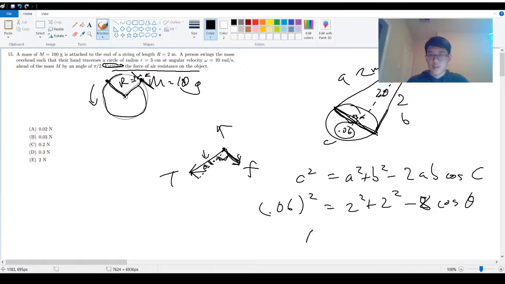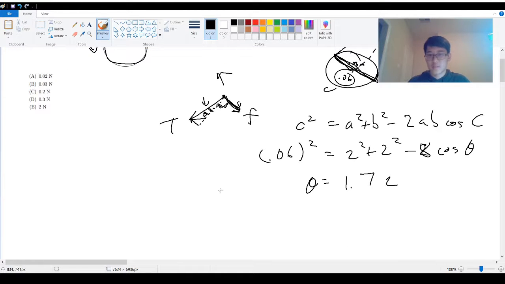So what I got is that the angle is approximately 1.72 degrees. I'll call this theta n just for clarification.